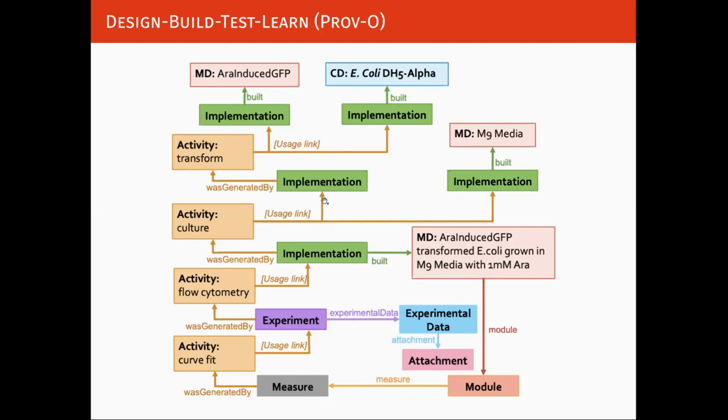That's producing this implementation, which is the transformed E. coli. That transformed E. coli and a media would be taken together to a culture activity. That culture activity is going to result in the circuit within the media, which is this thing I showed you before, the arabinose-induced E. coli circuit in M9 media.